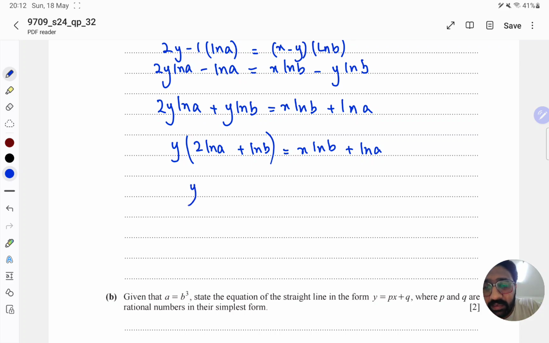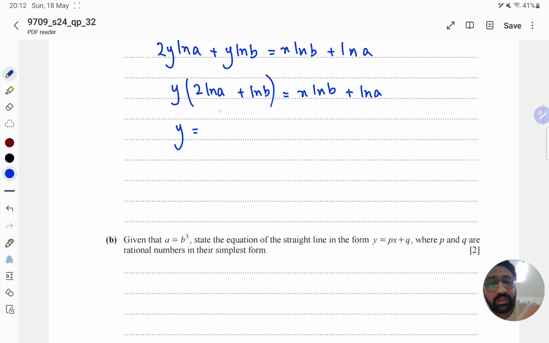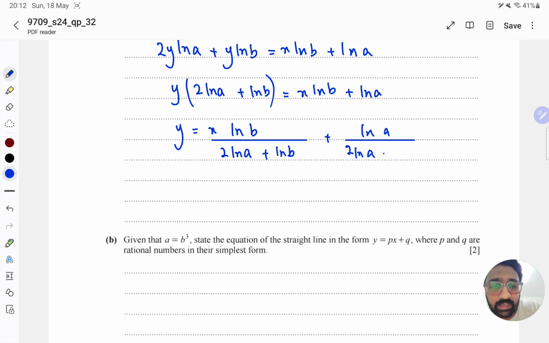Now we leave y on this side, and this factor is going to go to the other side. It will divide both terms. So it will be y equals ln b over (2 ln a plus ln b) times x plus ln a divided by (2 ln a plus ln b).